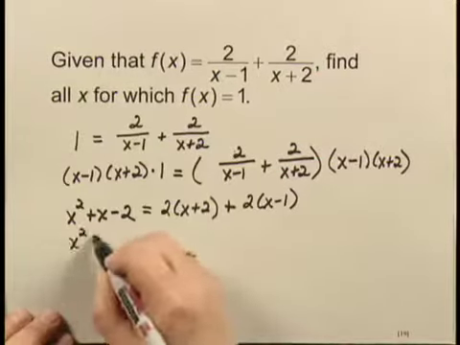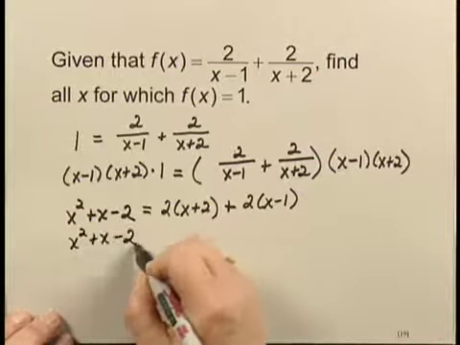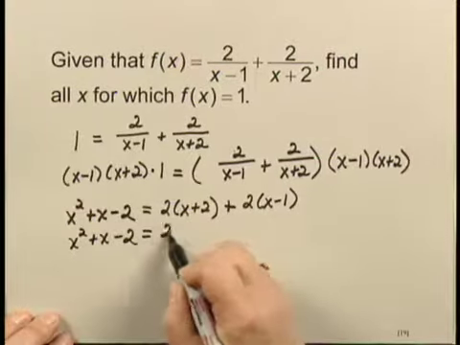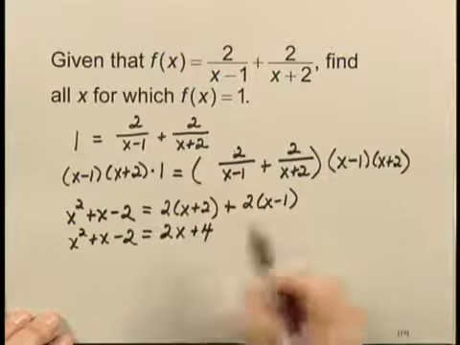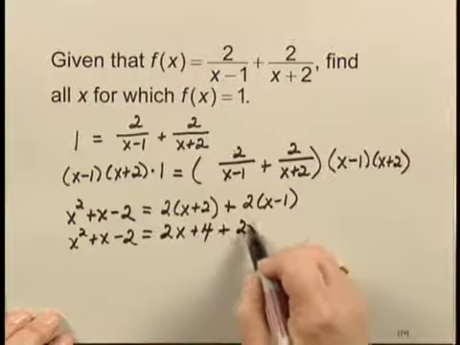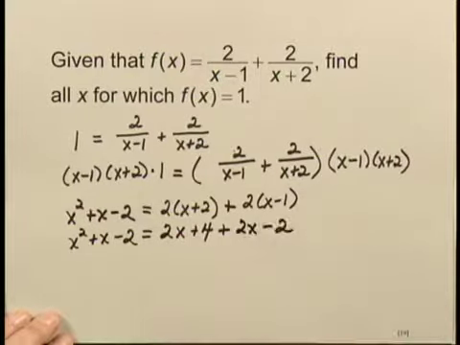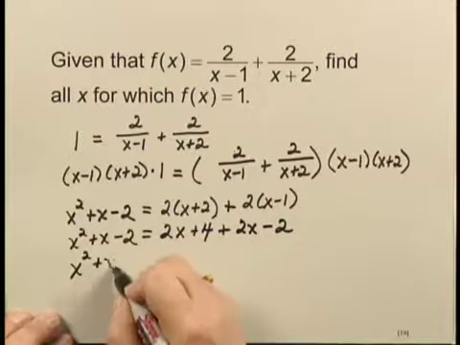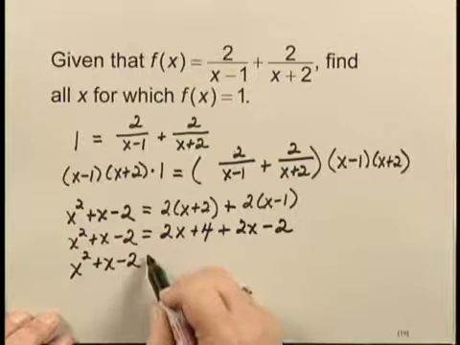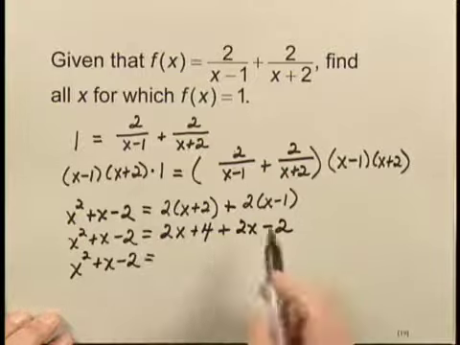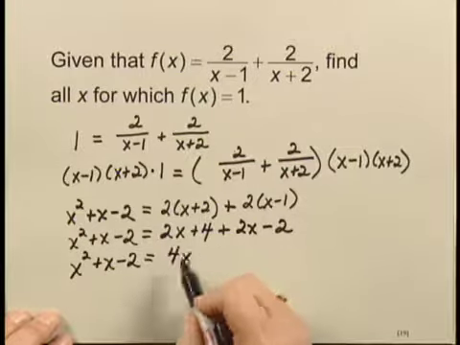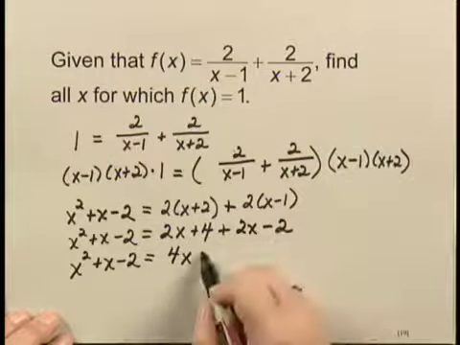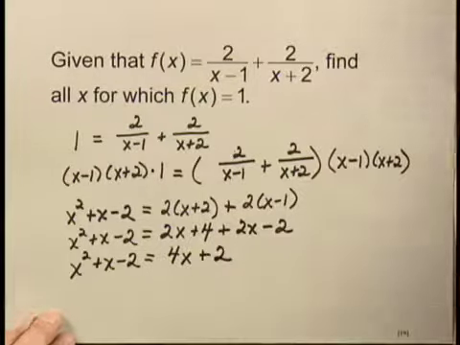I have x squared plus x minus 2 equals 2x plus 4 plus 2x minus 2. Simplifying further, I have x squared plus x minus 2 equals 2x plus 2x is 4x, 4 minus 2 is 2.